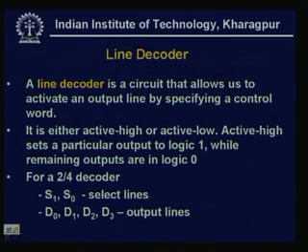Active high means it sets a particular output to logic 1, while the remaining outputs are at logic 0. For a 2/4 decoder, this is a line decoder.